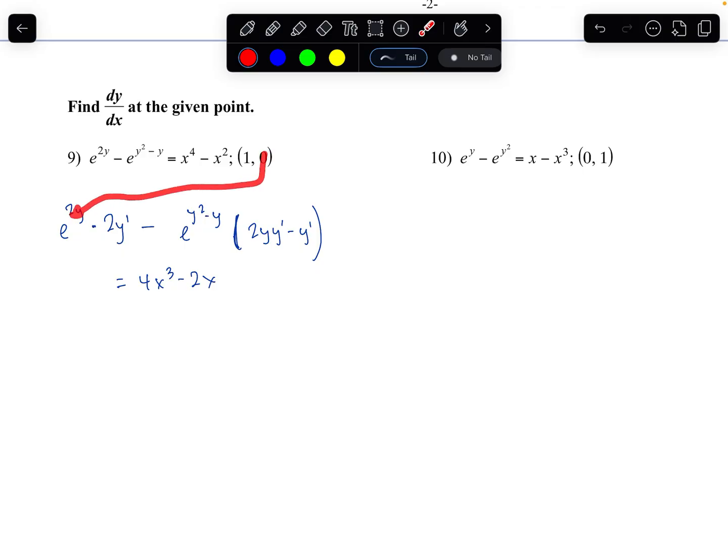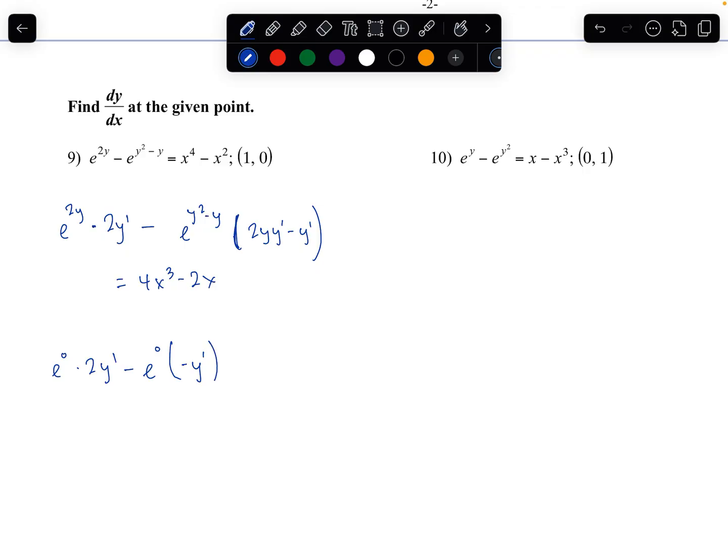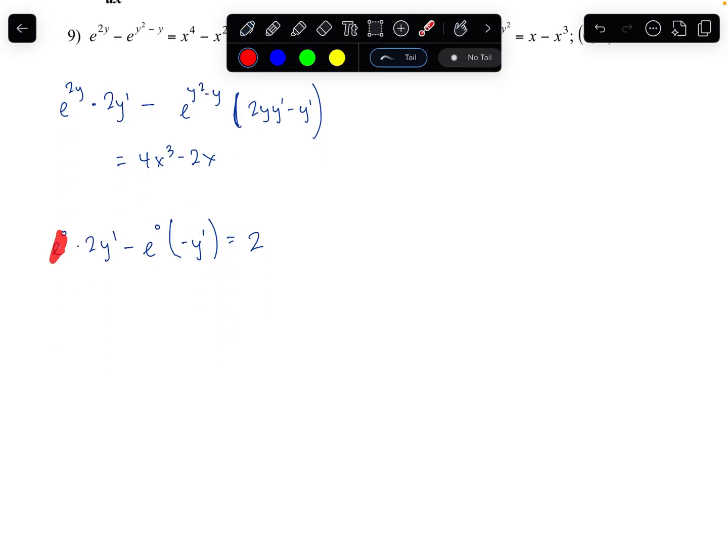So I'll have e to the 0 times 2y prime minus e to the 0 when I plug 0 in for y, times, if I plug in 0 here, that's gone, so times negative y prime equal to, when I plug in 1 for x, 4 minus 2, so that's equal to 2. e to the 0 is 1, so this will be 2y prime plus y prime equal to 2.